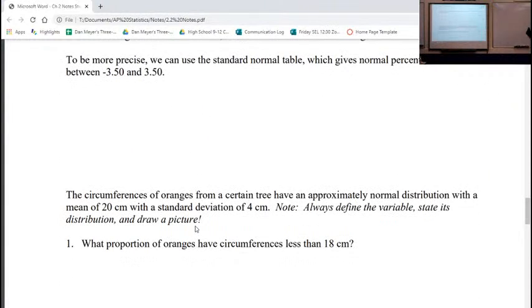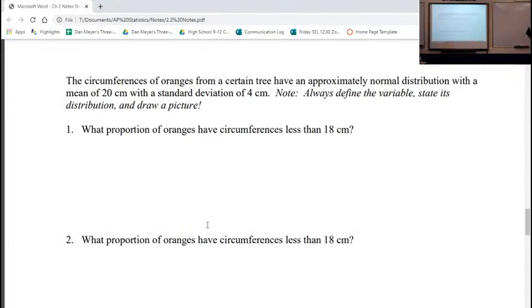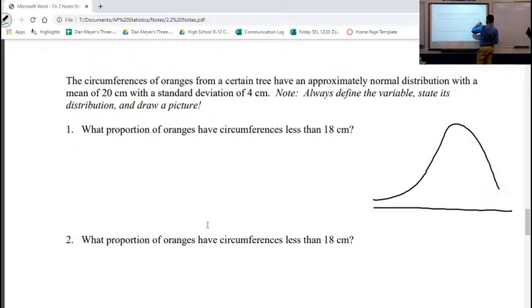And we're going to use a new example here to do this. And each time, you're going to draw a picture. So there's your normal curve. And we have the circumferences of oranges having an approximately normal distribution with a mean of 20 and a standard deviation of 4.